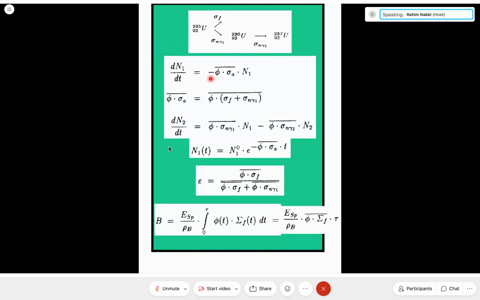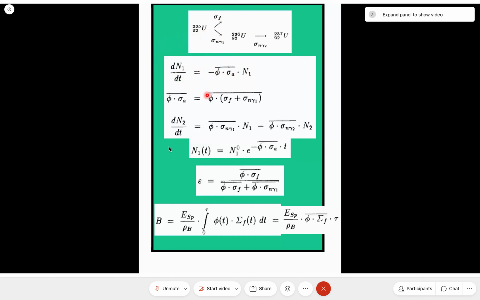And in this case, we have the loss term, absorption. You see, that is the absorption rate. And this absorption is the sum of the capture, absorption, plus fission, because every path, the upper one, the lower one, goes to the loss of uranium-235. For this reason, sigma A here.